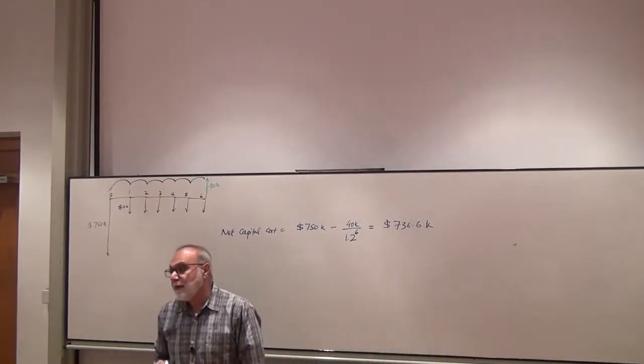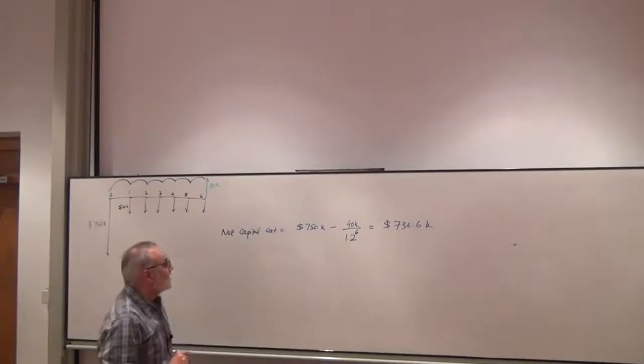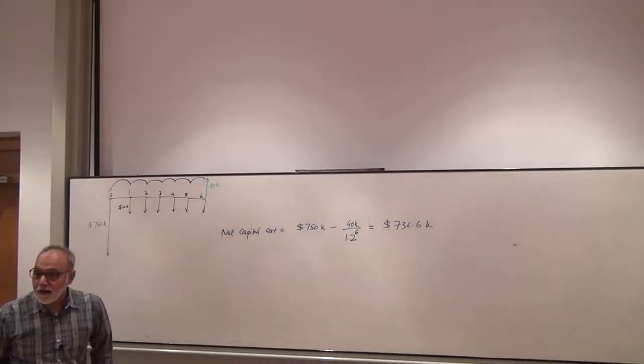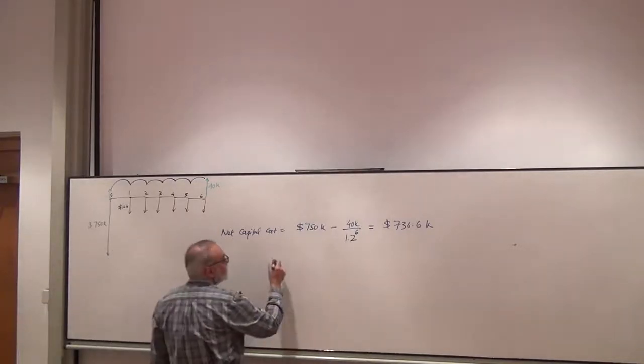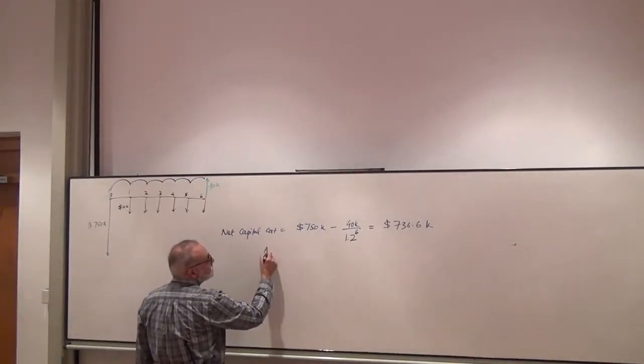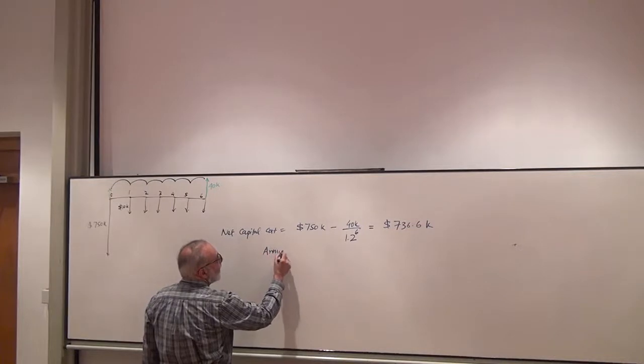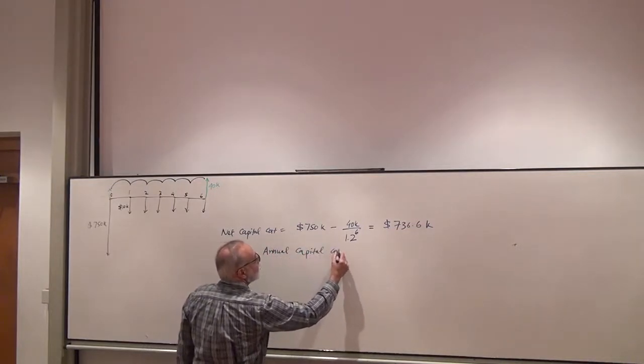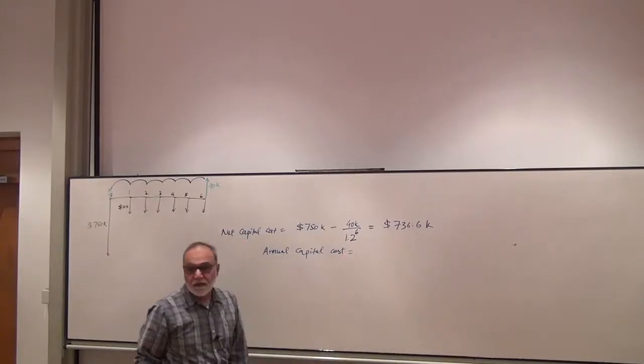All right. This is the net capital cost. Annual capital cost. How do we annualize, please?